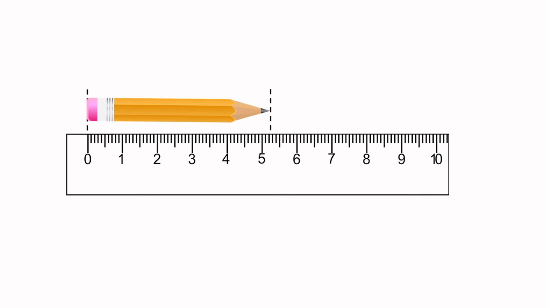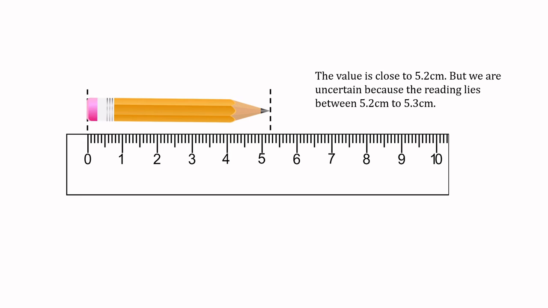Suppose that we want to measure the length of a pencil as shown in the following figure. Intuitively, the length of the pencil is 5.2 cm. However, the tip of the pencil lies between 5.2 cm to 5.3 cm.